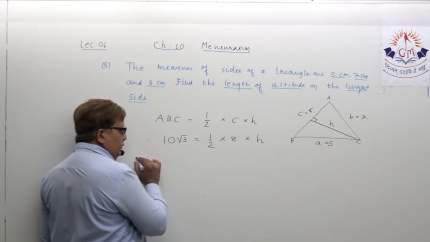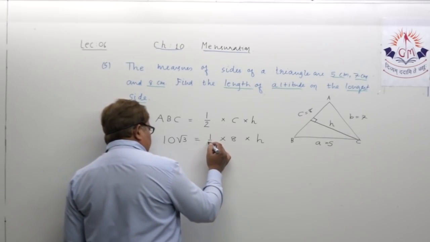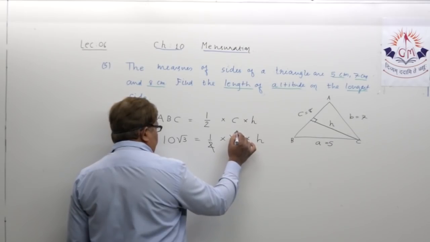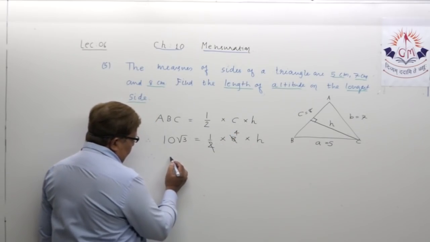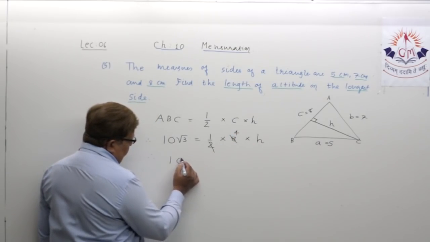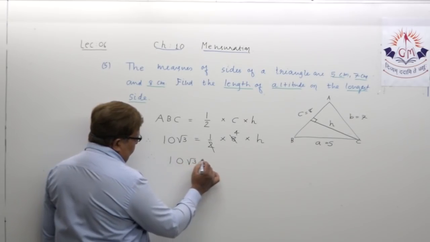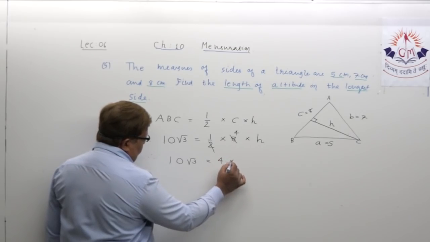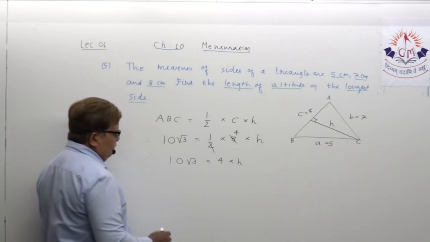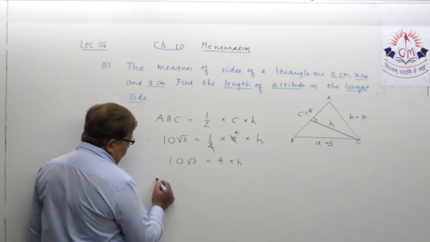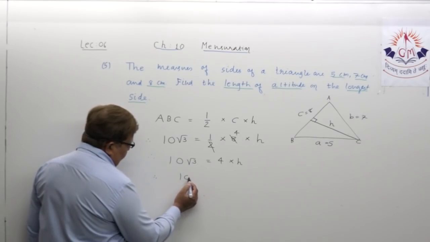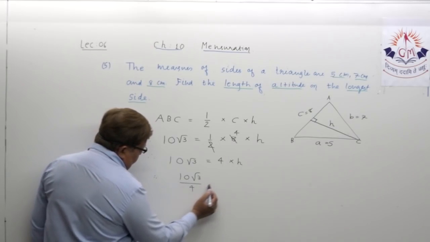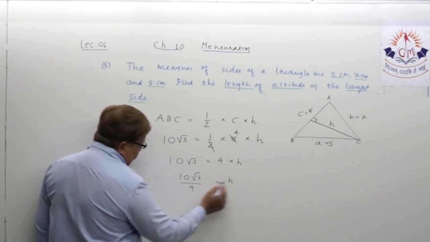Now let us cancel here, 2 4 ja. Next step, this is 10 under root 3 equals to 4 into h. Let us transfer 4 here. 10 under root 3 upon 4 equal to h.